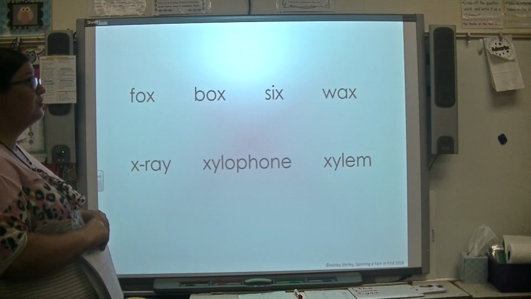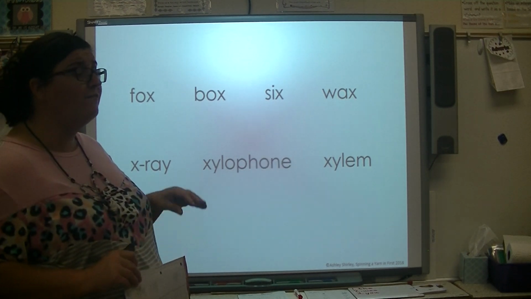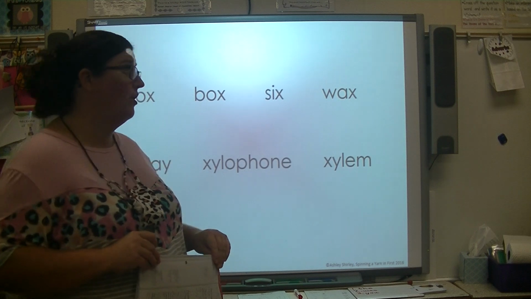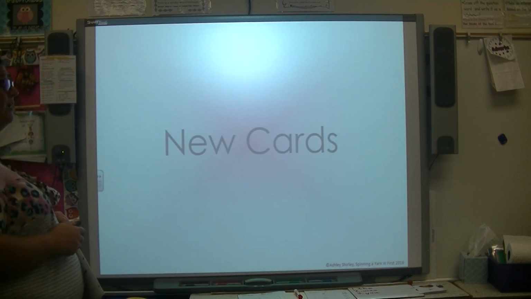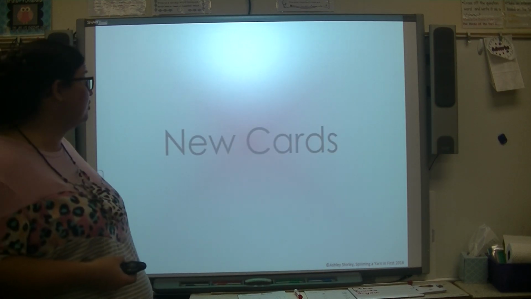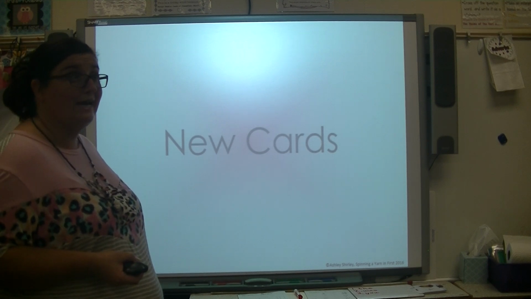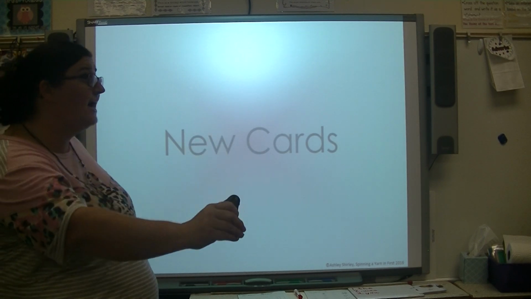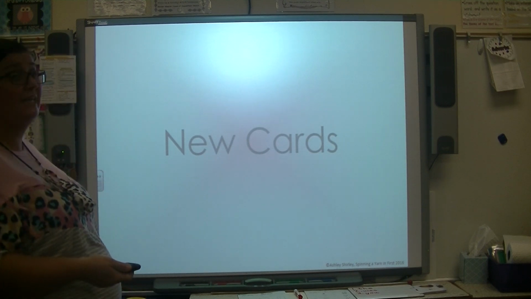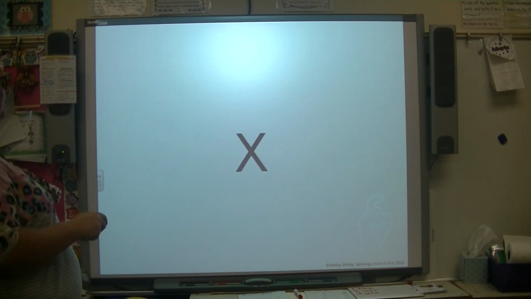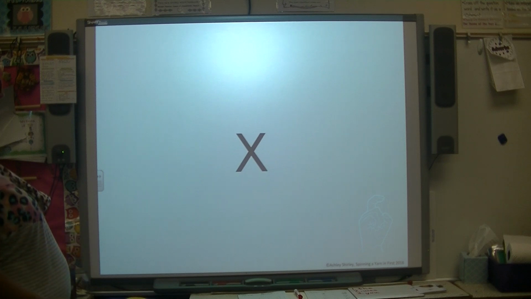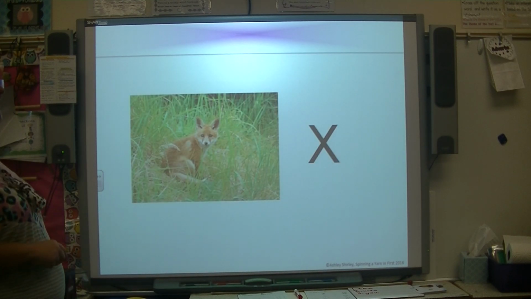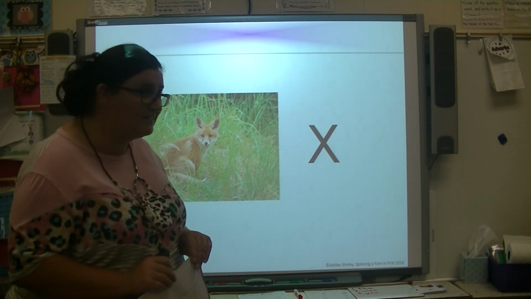So the picture we're going to have for X is going to be used at the end of the word, or the final position. Let's look at our keyword picture for X. Guys, it's not going to begin with X. It's going to have the final or ending sound with X. What is this? Yes, it's a fox.